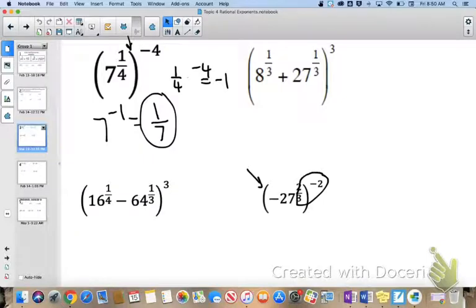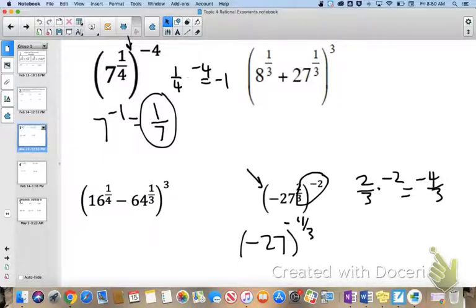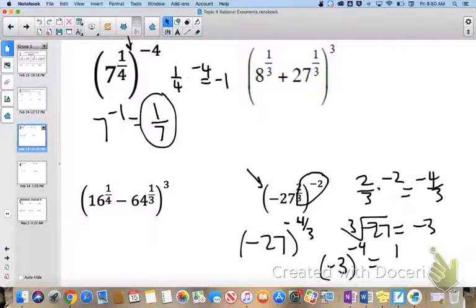Power to a power, so we're going to do 2/3 times negative 2 is negative 4/3, so negative 27 to the negative 4/3. We're going to do the cube root of negative 27, which is negative 3, and negative 3 to the negative 4 is 1 over negative 3 to the 4th, which is 1 over 81.